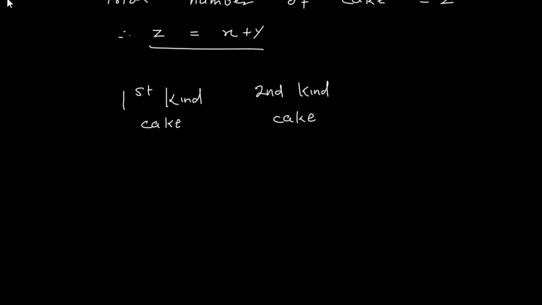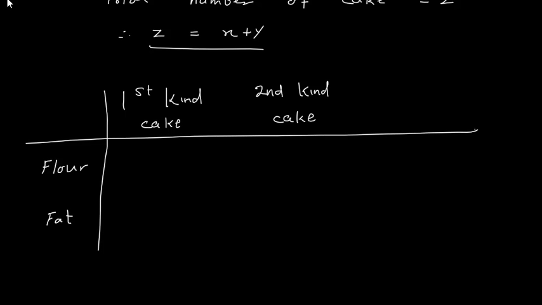Now two ingredients we are using, one is flour and the other is fat. You can give headings. Now how many first kind cake are we making? X number, and second kind cake Y number. Here we can write total availability.